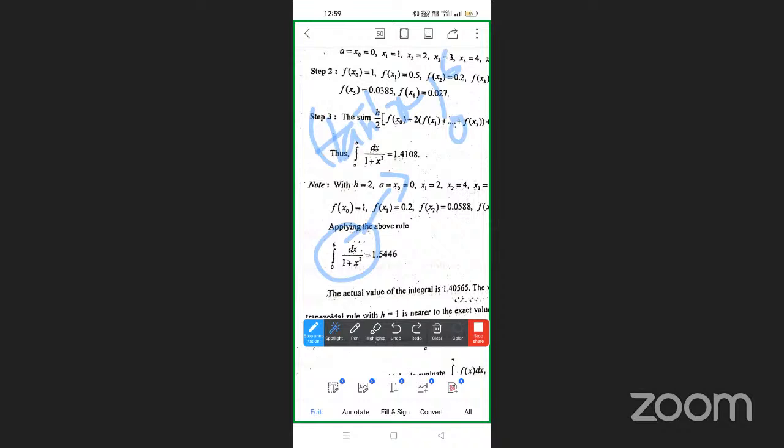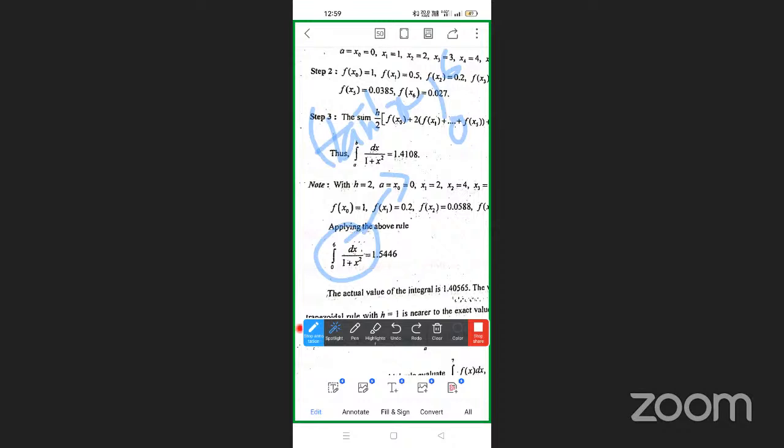So tan inverse of 6 minus tan inverse of 0. We can calculate on the calculator, and we are getting 1.5446.